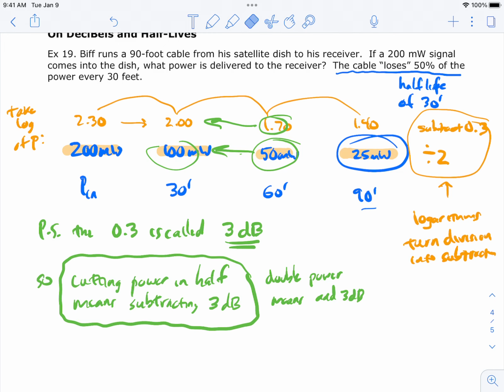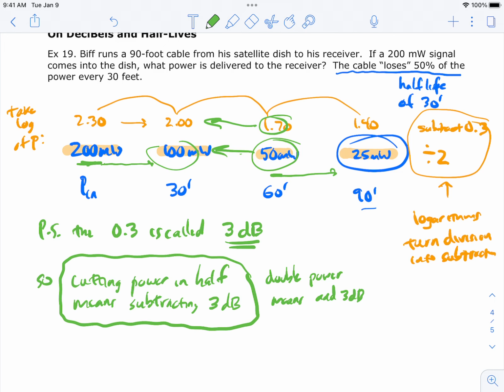Now the interesting thing is the 3 decibels doesn't matter where you are. The power could be 200. Well, if you cut it in half, you subtract 3 decibels. The power could be 50. And if you cut it in half, you subtract 3 decibels. Here, if you think of subtracting, you're subtracting 200 minus 100, but it counts as 3 decibels. Here you'd be subtracting 50 minus 25, but it counts as 3 decibels.